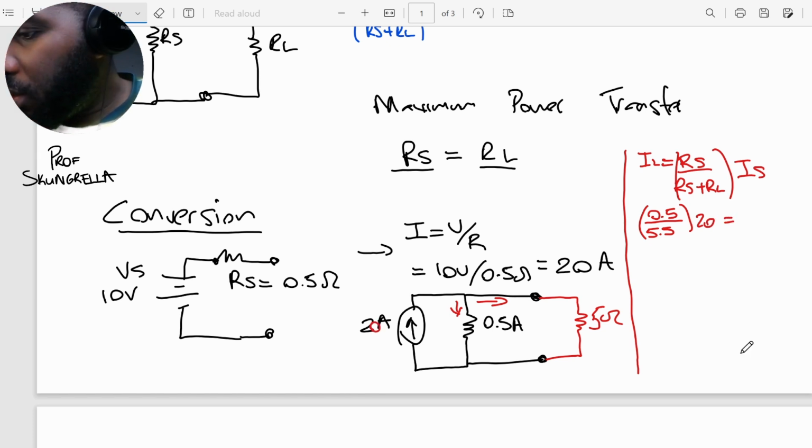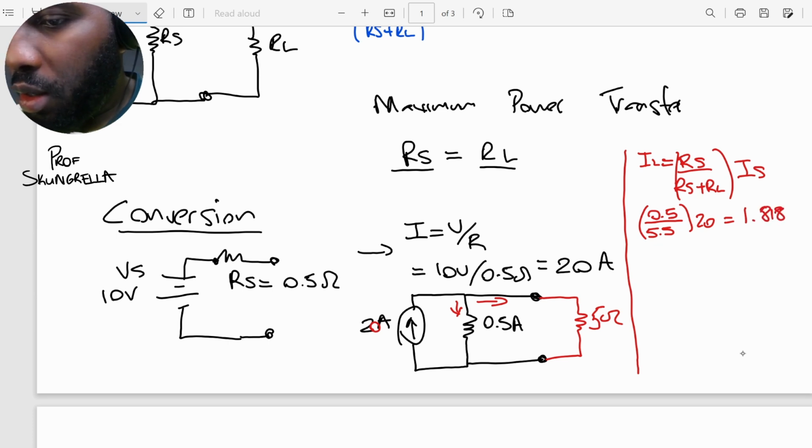And that gives us 1.818 amperes, right? Now, if we know that the current here is 1.818 amperes, we can find the voltage.